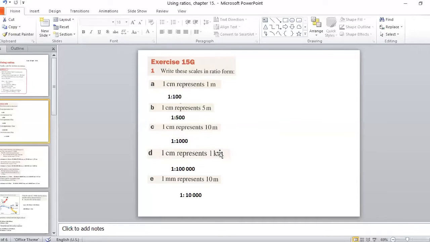Okay. 1 kilometer is multiplied by the fifth power of 10 centimeters.